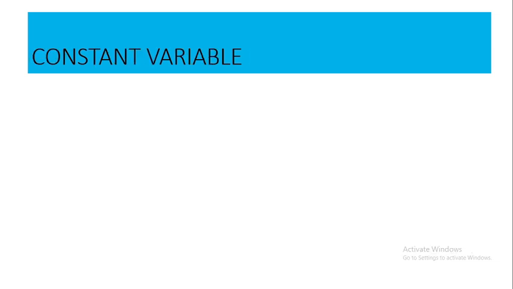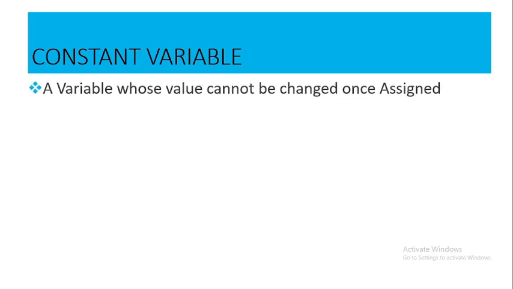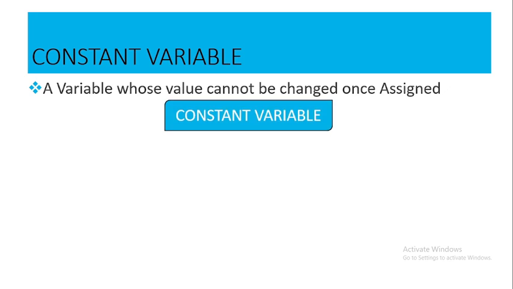Constant variable. A variable whose value cannot be changed once assigned is known as a constant variable. We can declare a variable and then put a value into this particular variable with the intention that it should always point to that particular value.